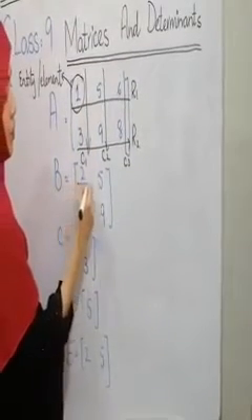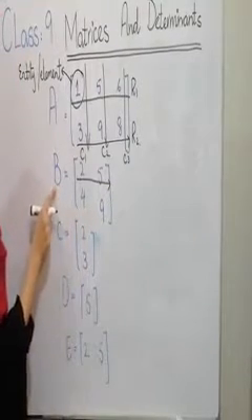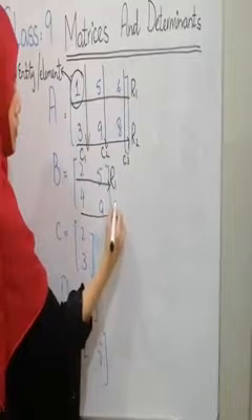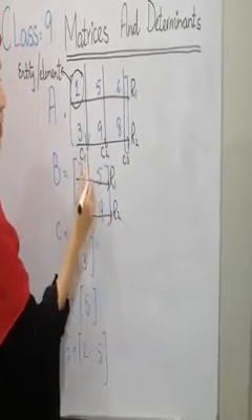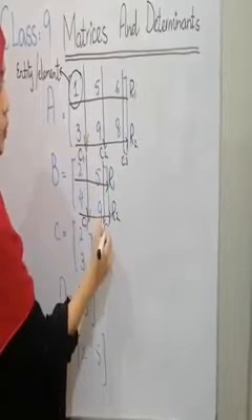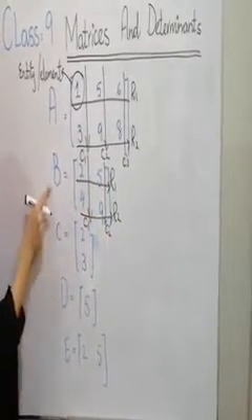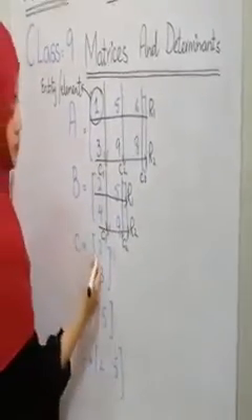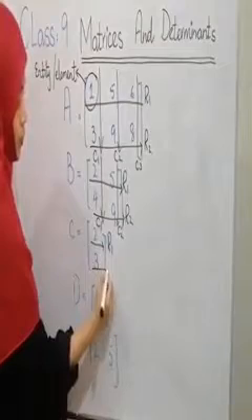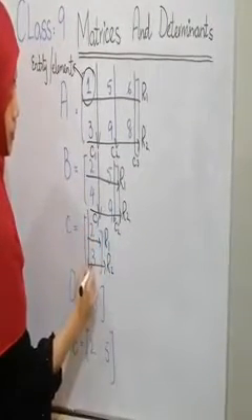Now identify the rows and columns of matrix B: row 1 and row 2. Similarly, identify the columns C1 and C2. So there are 2 rows and 2 columns in matrix B. Now move on to C: row 1, row 2, column 1.